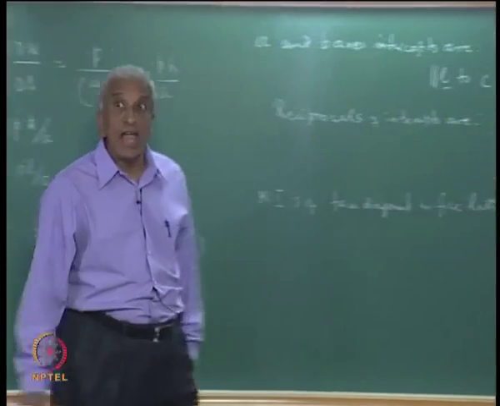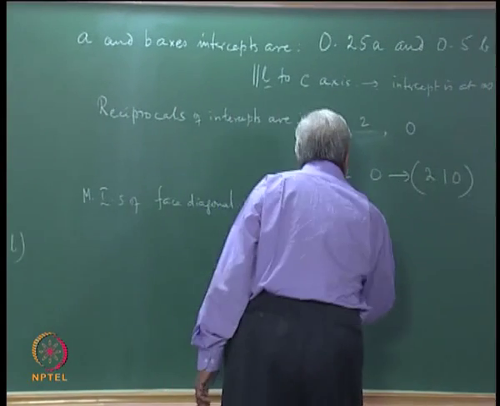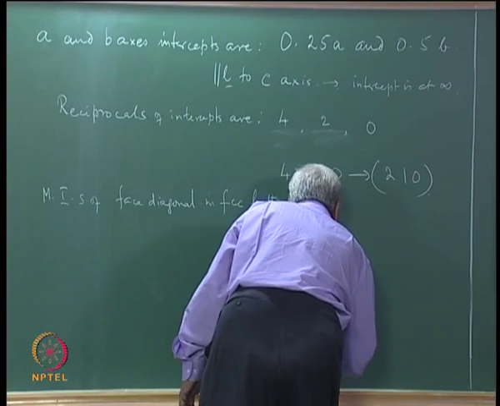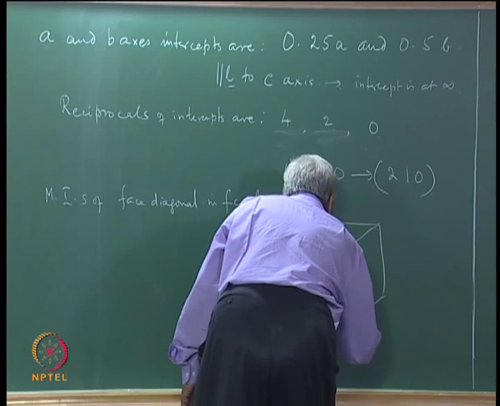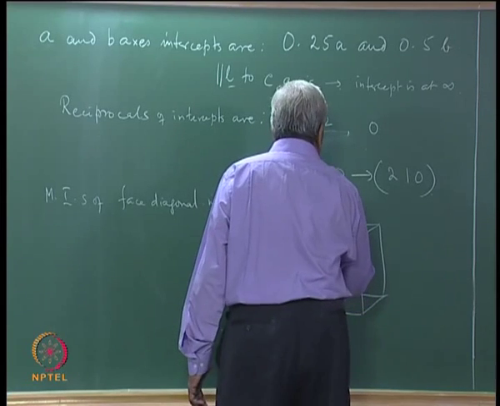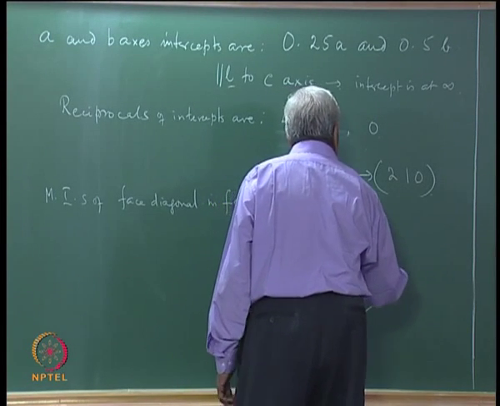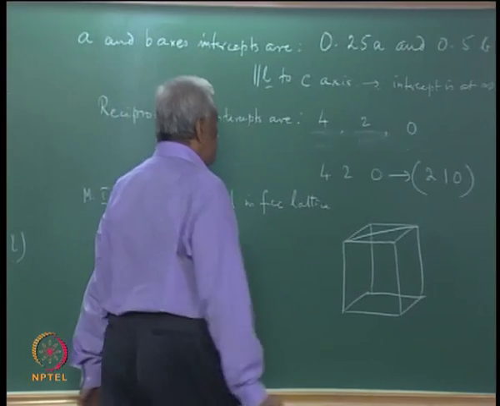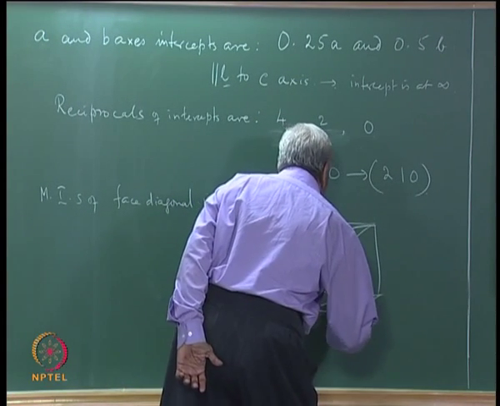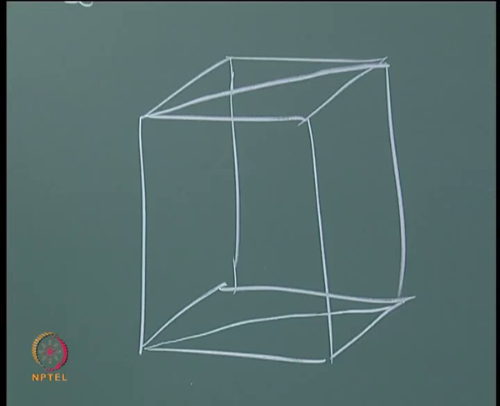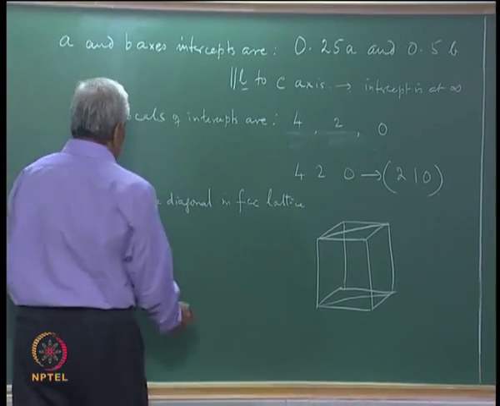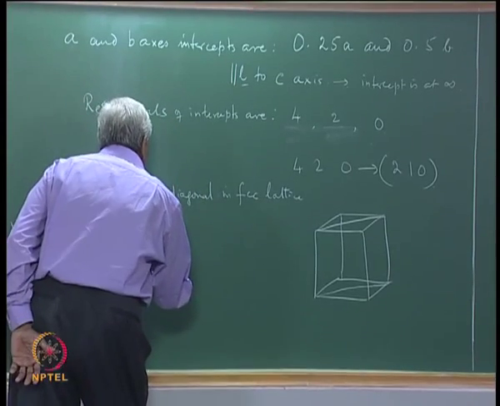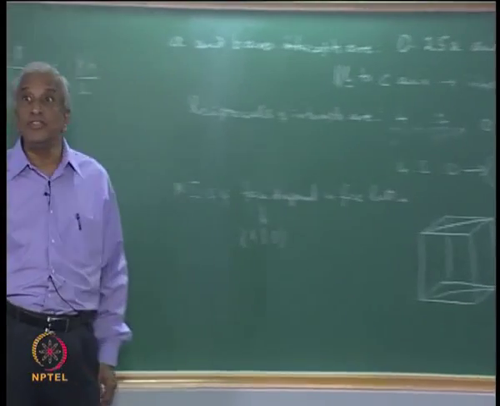In an FCC lattice, the face diagonal looks like this, one of the face diagonals. The plane containing the face diagonals makes intercepts 1 and 1 on these axes, and it is parallel to the z axis. Therefore, the Miller indices are obviously 1 1 0.